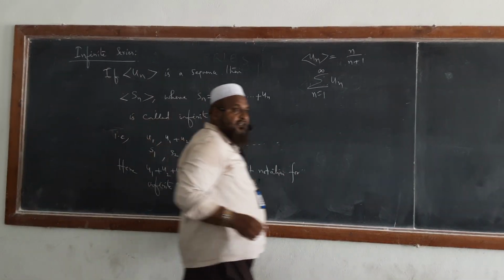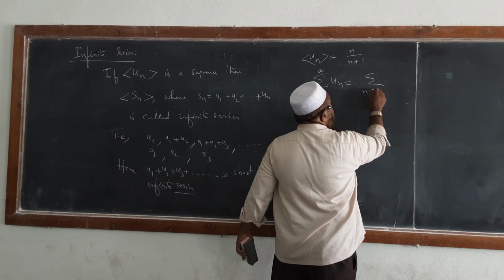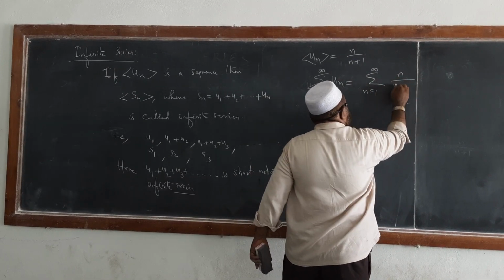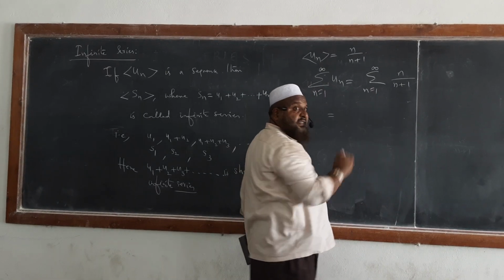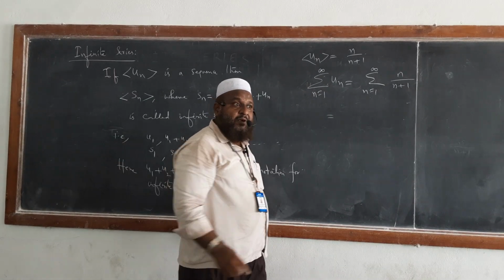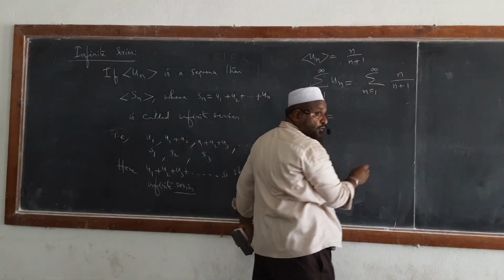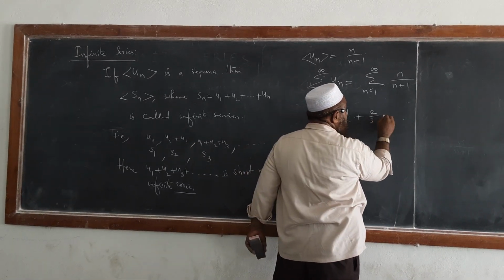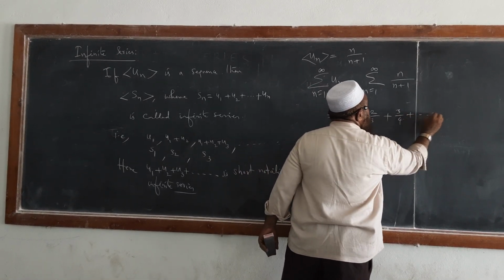Now this is like sigma n is equal to 1 to infinity, un, and I am replacing un with n by n plus 1. If I expand this summation, what do I get? 1 by 2 plus 2 by 3 plus 3 by 4 and so on.